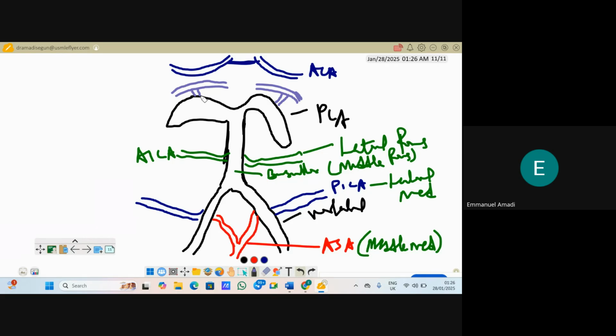If yes, ask yourself which cranial nerve. You should be able to sort the cranial nerves the way they are arranged in the pons, in the medulla, and in the midbrain. You should be able to say this is where this stroke is located. The next thing you ask yourself is which artery supplies this area. Once you have all that information, there's no way you're not going to pick out that answer.